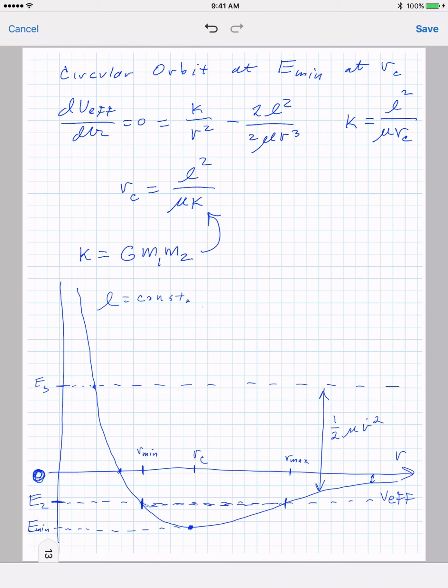And then if you're a bound orbit, at times you'll have a radial kinetic energy, but that radial kinetic energy goes to zero at R min and R max. And also R min and R max, because this is now a one-dimensional effective dynamics, are called turning points. And so there's an inner turning point and an outer turning point. And so the total radial kinetic energy goes to zero at the turning points.